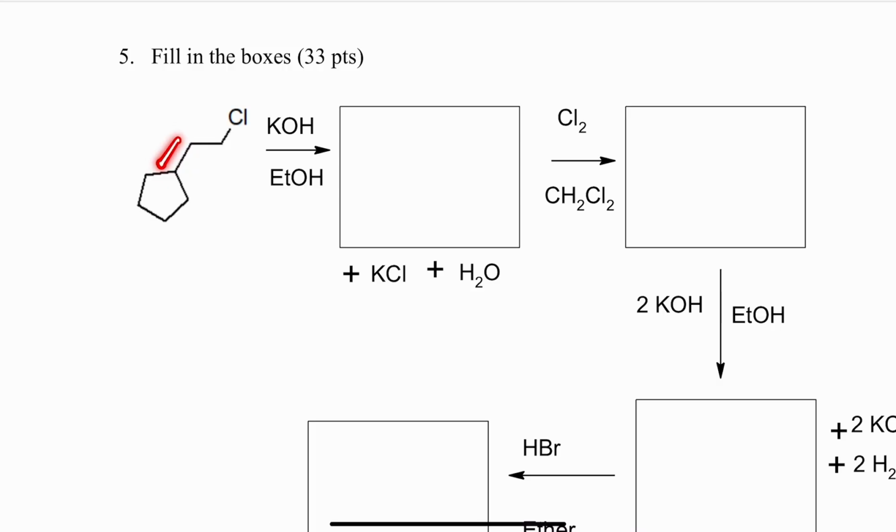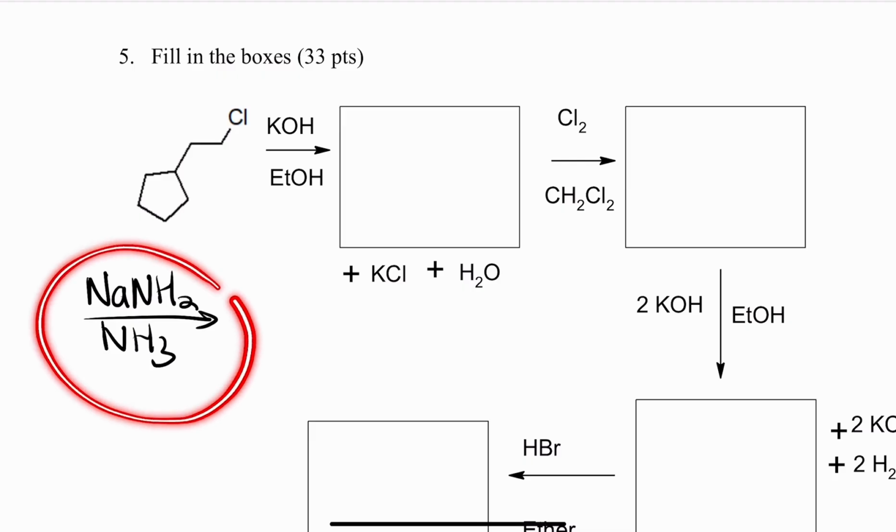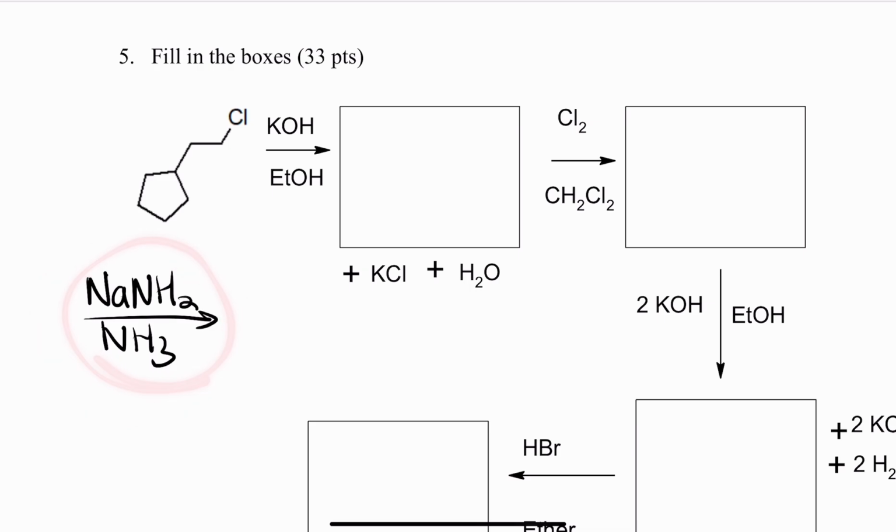But the reason why I feel she's definitely going to give us the NaNH2 over the NH3 is because this is specifically the removal reaction you use when you're removing something at the very end, terminal, like a last carbon, like this carbon right here.